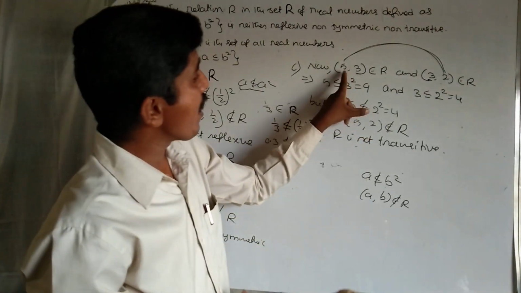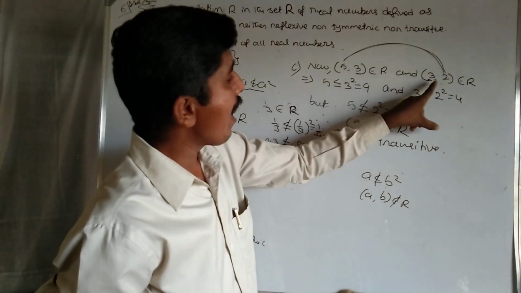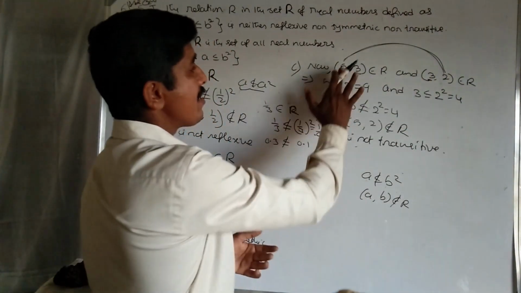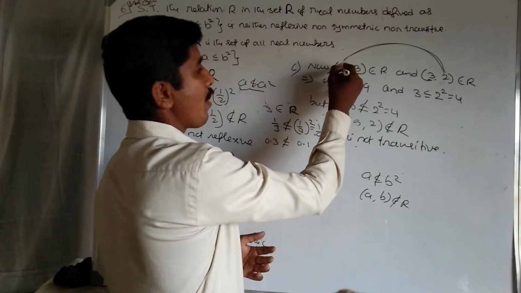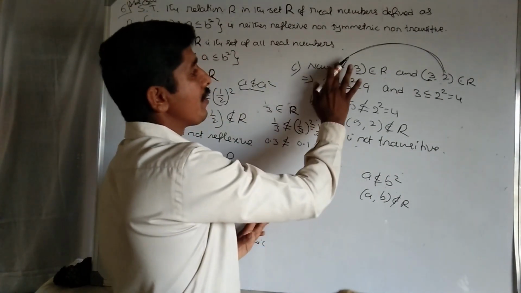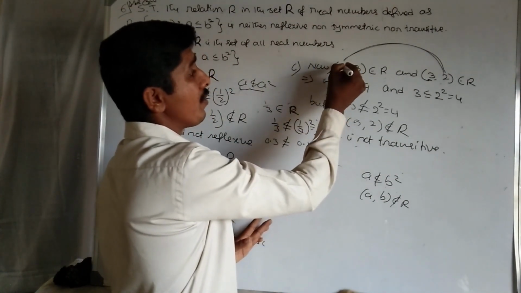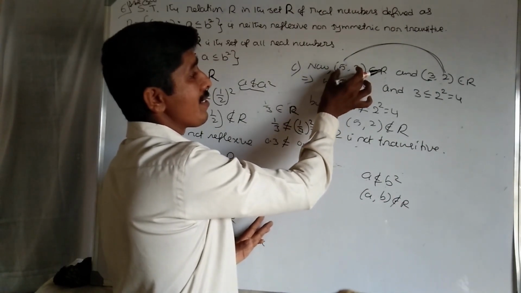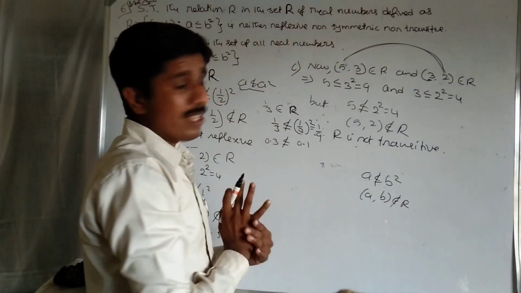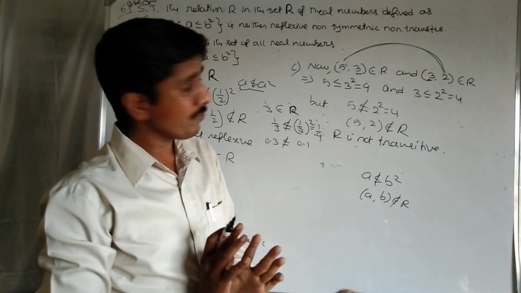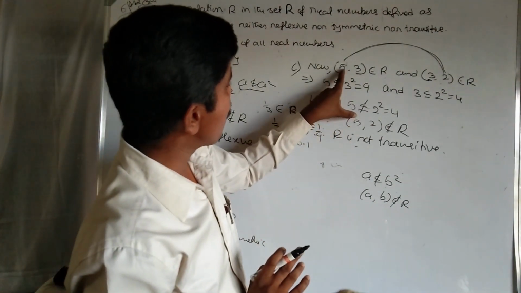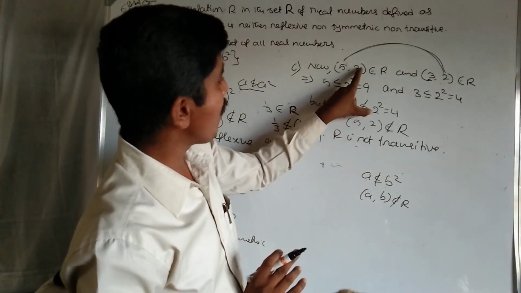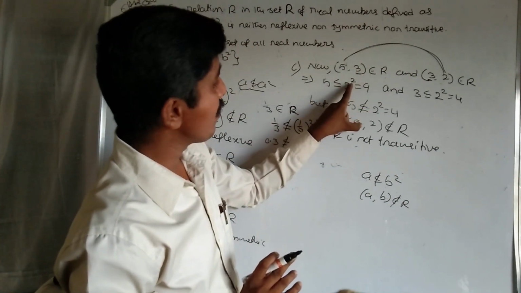Here 5 comma 3 belongs to the relation and 3 comma 2 belongs to the relation. Instead of 5 you can take 6, 7, any number. Very important, while taking, be careful. This ordered pair must satisfy the relation, then only it belongs to the relation. Here the first element 5 is less than or equal to the square of the second element 3, which is 9.